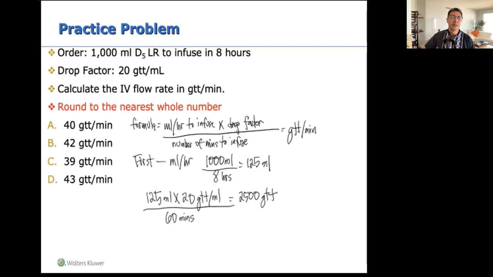Some multiplication there, 2,500 over 60 minutes will give me 41.66 drips per minute. But remember, look at the question up top, round to the nearest whole number. So my answer for this one will be 42.